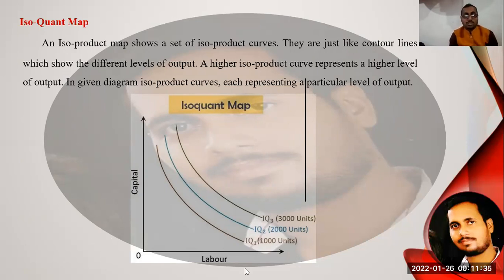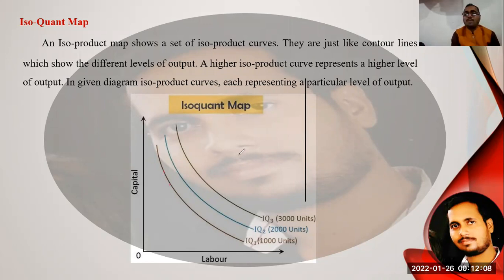Now you see the picture, students. IQ1 shows the production of 100 units, IQ2 shows the production of 200 units, and IQ3 shows the production of 300 units. At the points on IQ1, students, the producers can sustain on this point, this point, or this point.